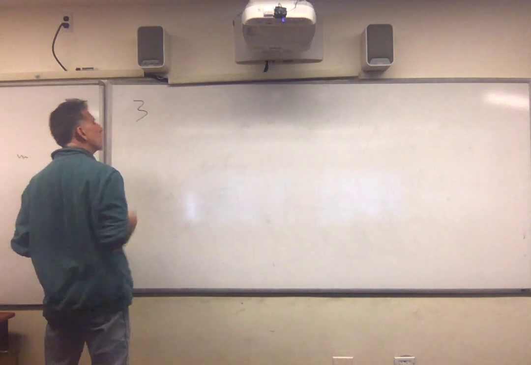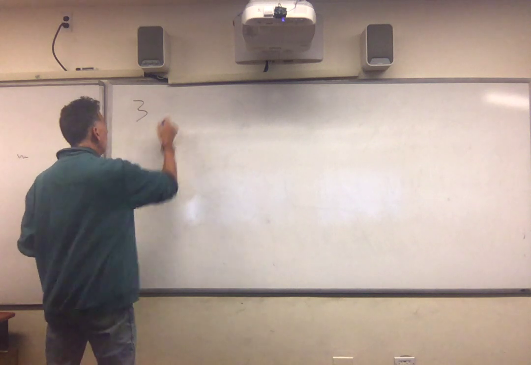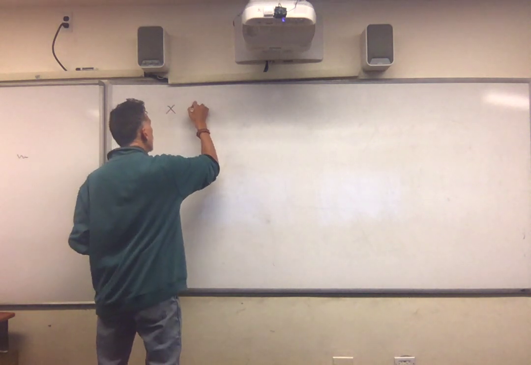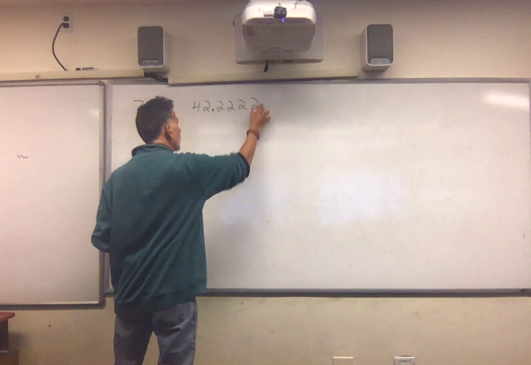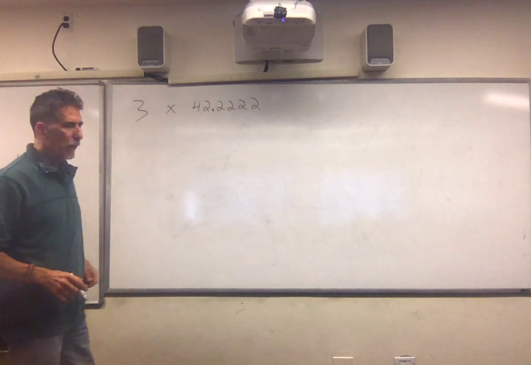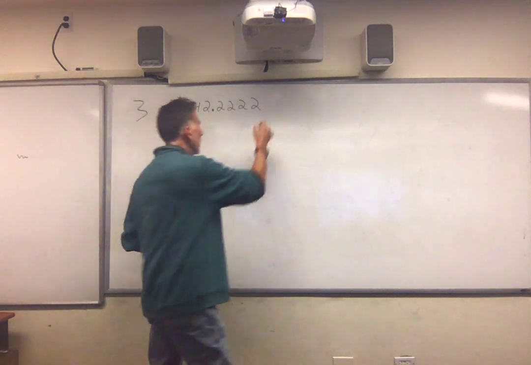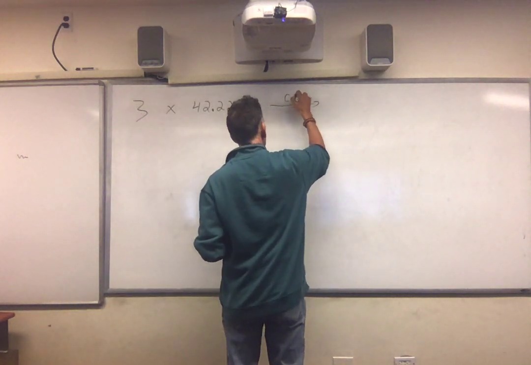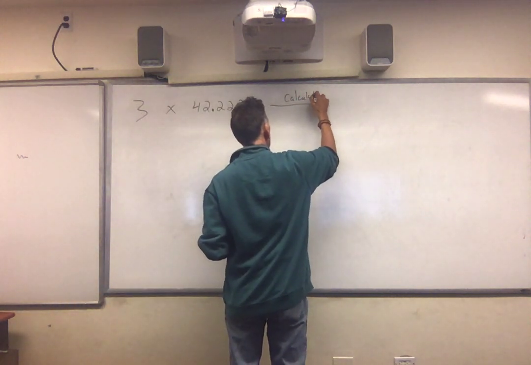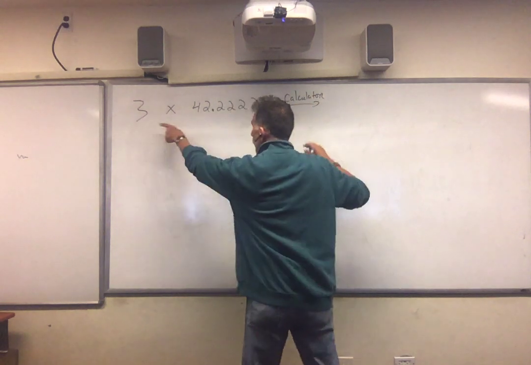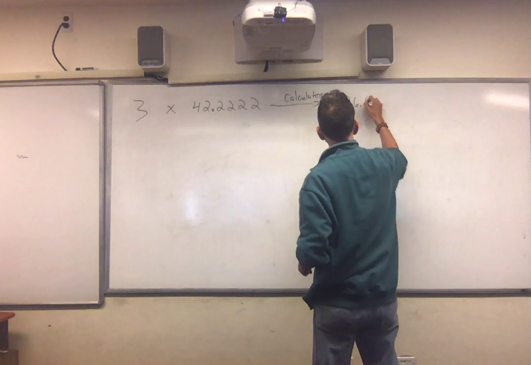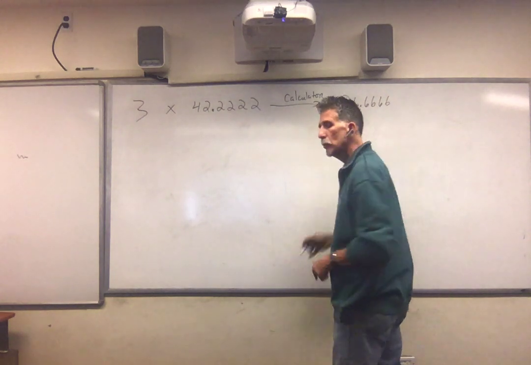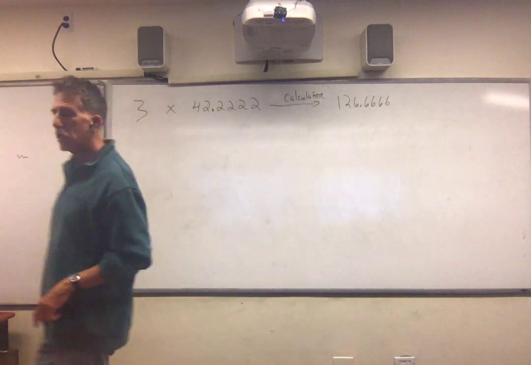One number is 3, and the other number is 42.2222. And we want to get an answer. Once again, our calculator multiplies these. 3 times 40 is 120. So we get 126.6666. That's our calculator. Is that the correct answer?